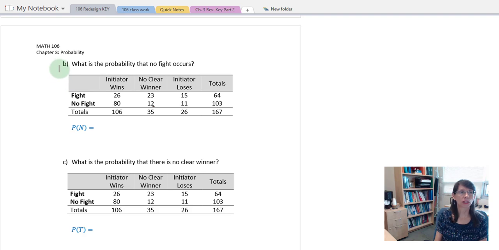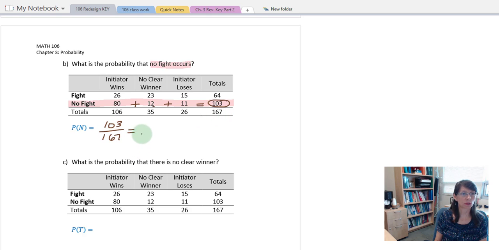For part B, the question is, what is the probability that no fight occurs? So we want to find that event on the table, no fight. And if we take the values of 80, added to 12, added to 11, we get the total 103. So 103 out of 167 is our fraction.